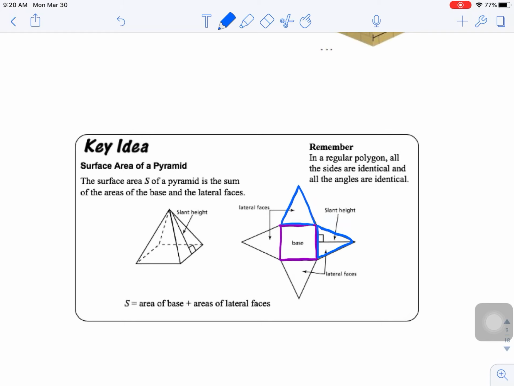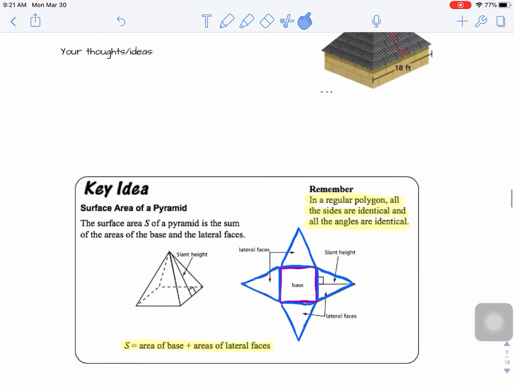You'll notice that in a square pyramid, these triangles are all identical. In a regular polygon, all the sides are identical and all the angles are identical. So our surface area formula is the area of the base plus the area of the lateral faces. That's the formula that we're going to be using.